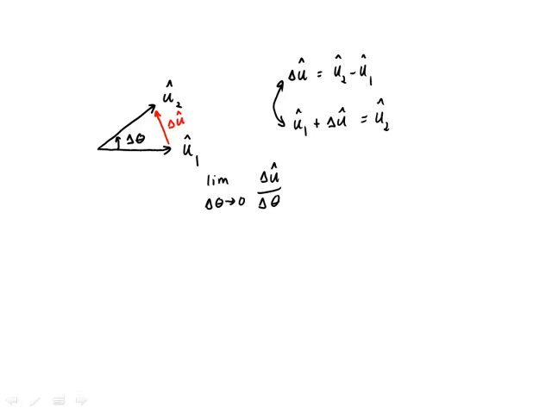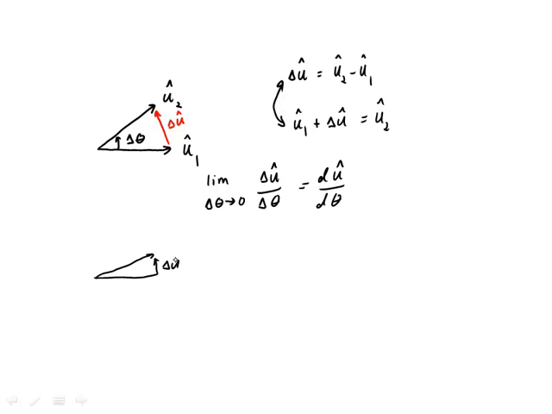Now you remember this from calculus. This is the derivative of u with respect to theta. I'm taking the derivative of a unit vector with respect to theta. Well, let's see what happens. Here's a relatively large delta theta right here. But let's go to a smaller delta theta. So I'll just redraw the triangle.